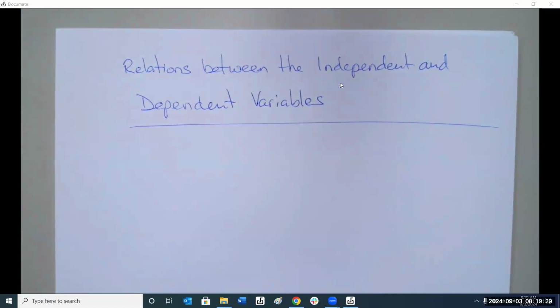The relationship between the independent and dependent variable. We're going to use two words. Remember, mathematicians are not too ingenious when naming things.